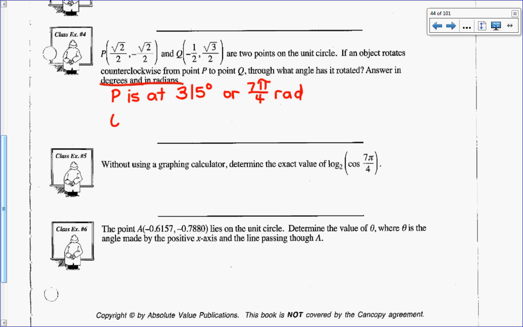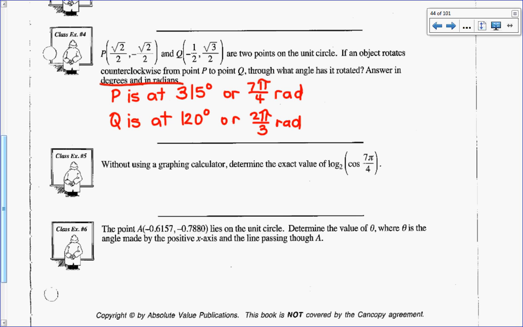Okay, where's Q? Find it on your unit circle. It's going to be at negative 1/2 and root 3 over 2. It's at 120 degrees, or that's 2 pi over 3 rads.